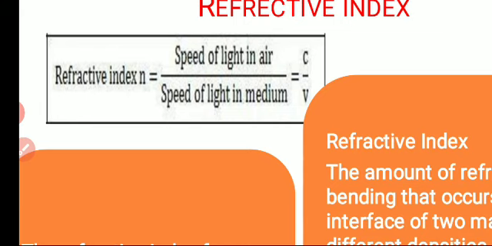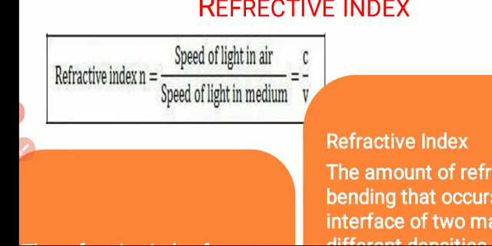We know that the speed of light in air is denoted by c and has a value equal to 3 into 10 to the power 8 meters per second in free space.